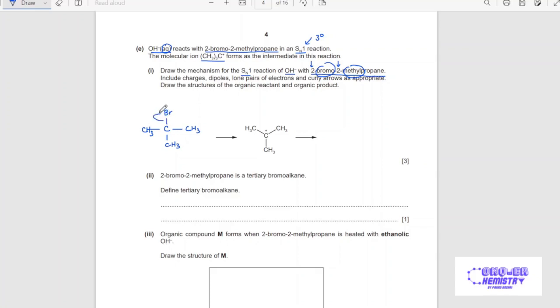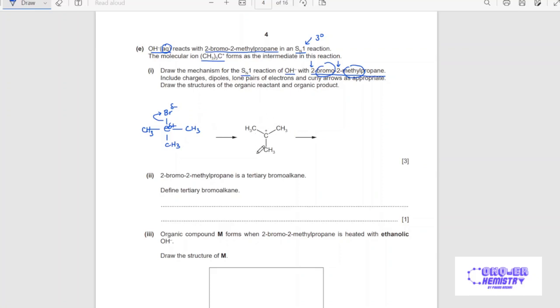I show this with a curly arrow originating from the single bond and ending up at the bromine. And the reason for this is because the bromine is more electronegative. It has a partial negative charge, and carbon has a partial positive charge. All right? It is less electronegative. So that'll be the first step.